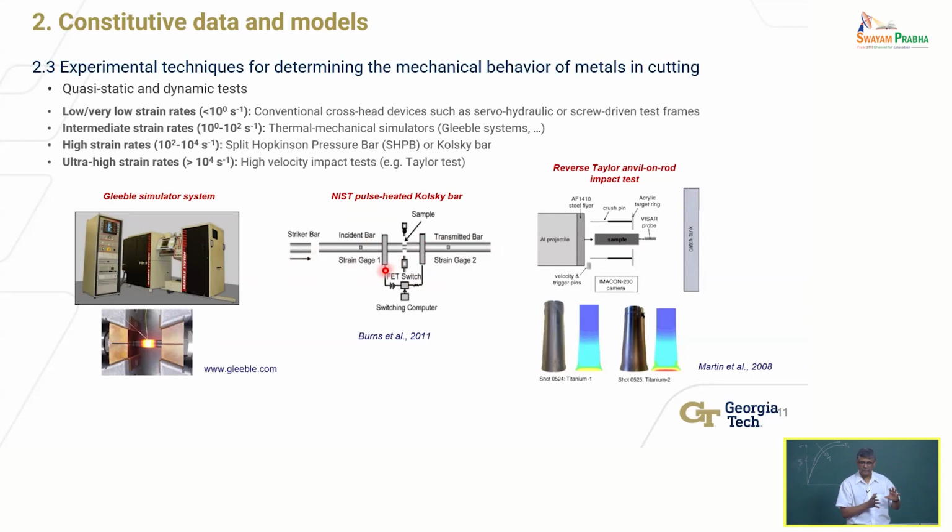It is like a gun, nothing different, okay? And you shoot it, it hits this sample of the material, and a shock wave is generated that is transmitted through the bar. Since you know the properties of the bar, you can extract from this the behavior of the material, okay?